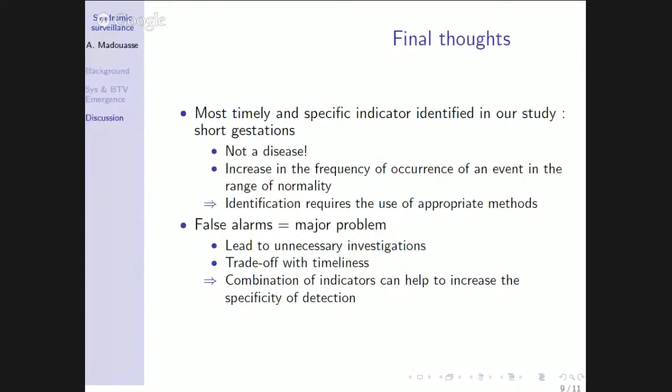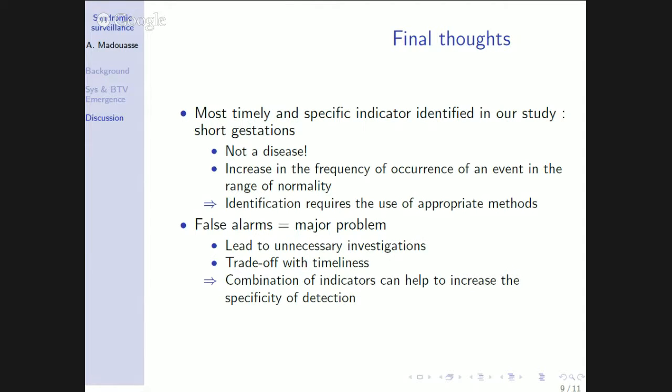I think this is inherent to the method because you don't know what you are looking for. You just know that something is abnormal, but you don't know whether it's really abnormal or whether it's a random fluctuation. So your alarms are a trade-off between having alarms that you are investigating for nothing and really detecting what you want to detect.